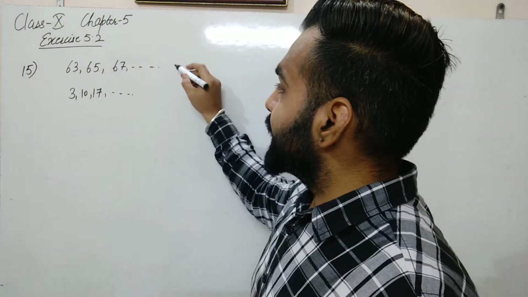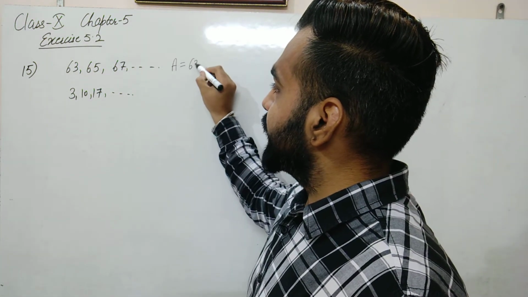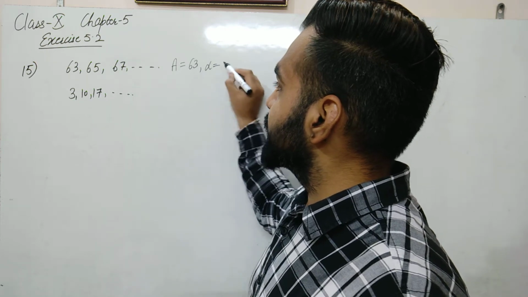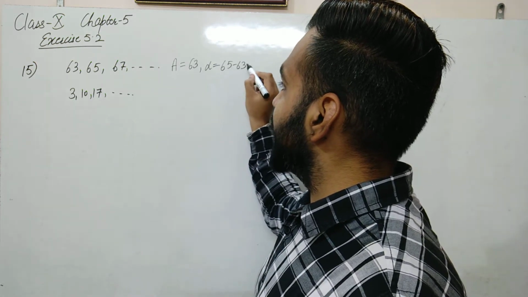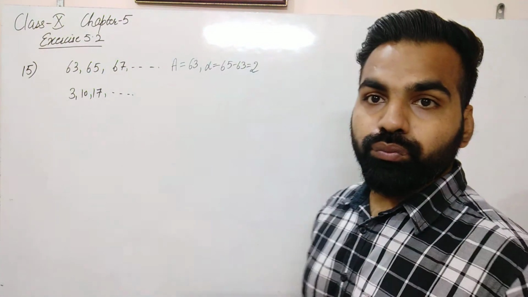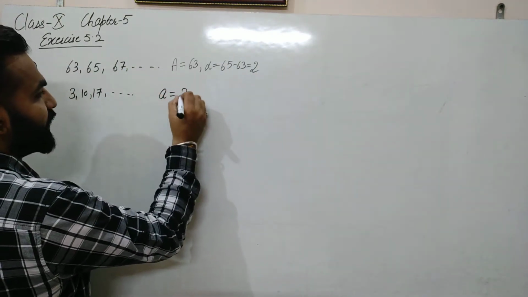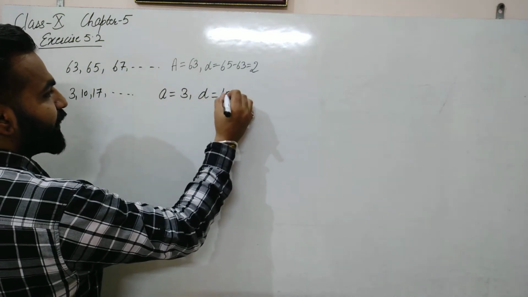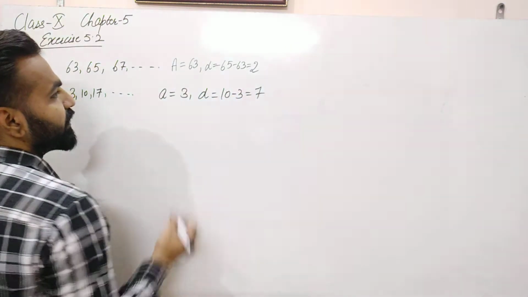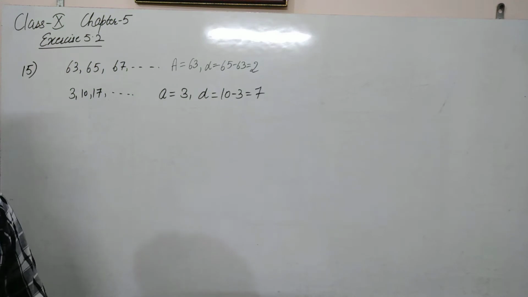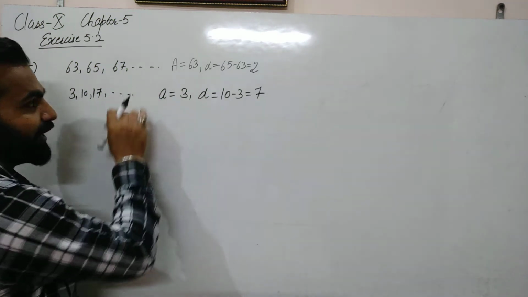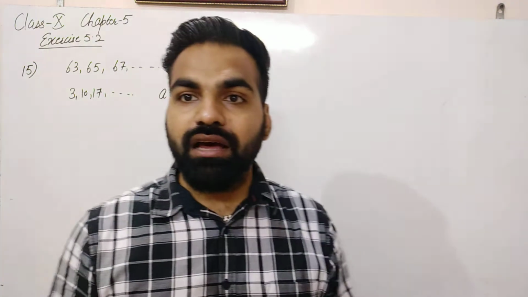So from here, let us suppose the first term is 63 and D is 65 minus 63, that is equal to 2. Clear? Here let us suppose the first term is 3 and d will be 10 minus 3, that is 7. Clear everyone?